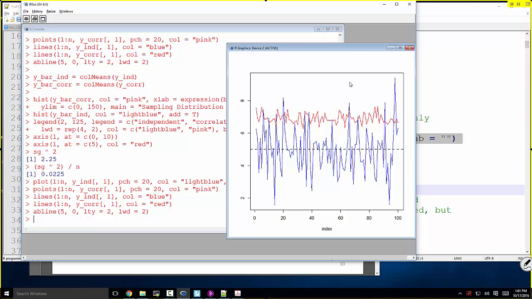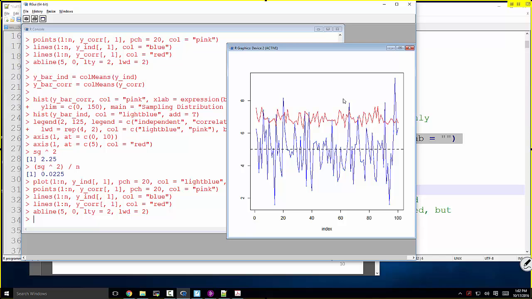It's almost like with such high correlation, you don't have a sample of size 100, you have a sample closer to size 1. It's like you took one draw, that one draw in this case from the distribution with mean 5 happened to be up here, and then everything else tracks that really closely because of the correlation.